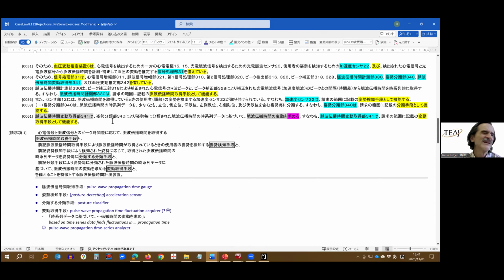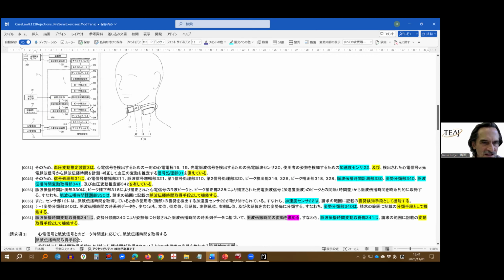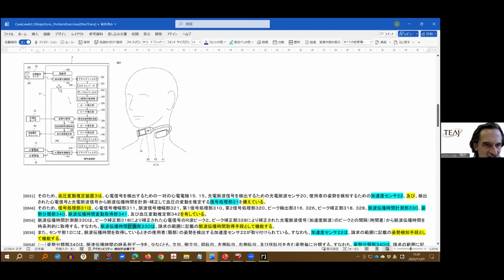I thought that it might be fair to call this a gauge, but the problem is that if you look at the drawing itself, it's just like 330, I think.